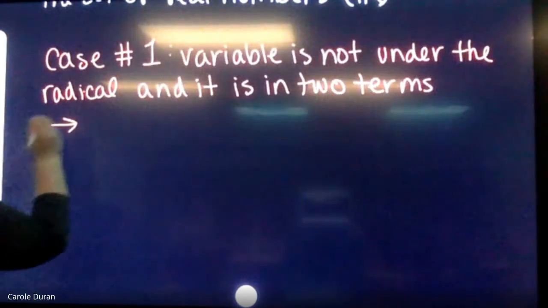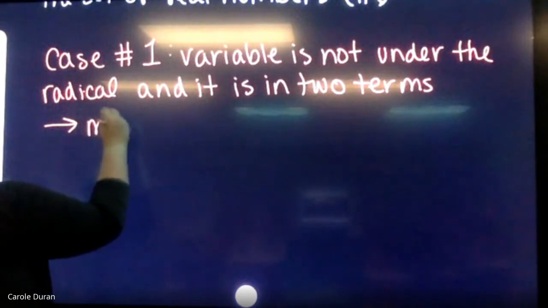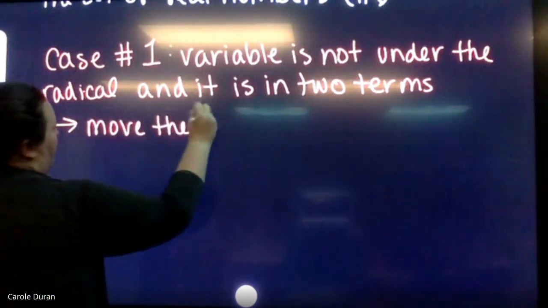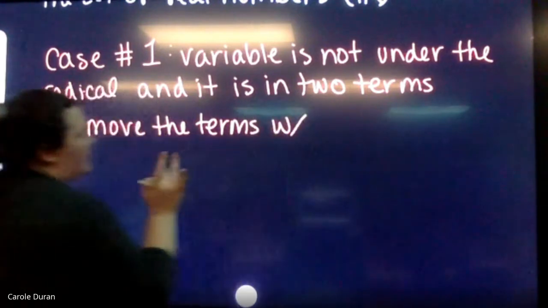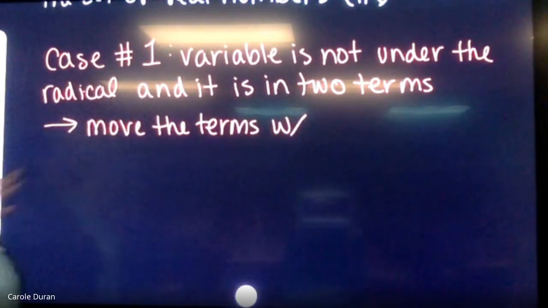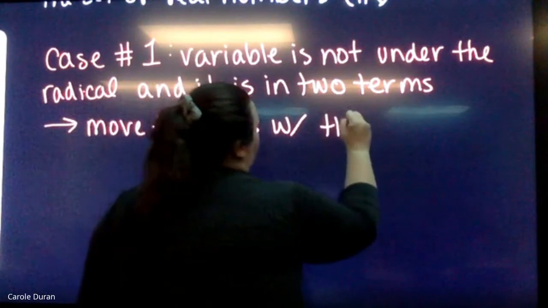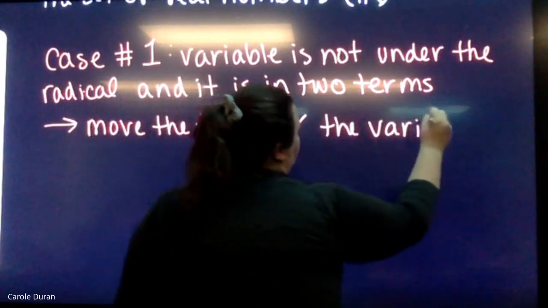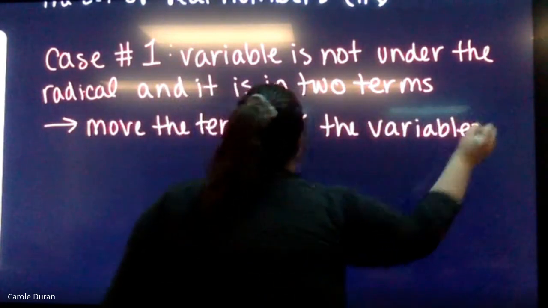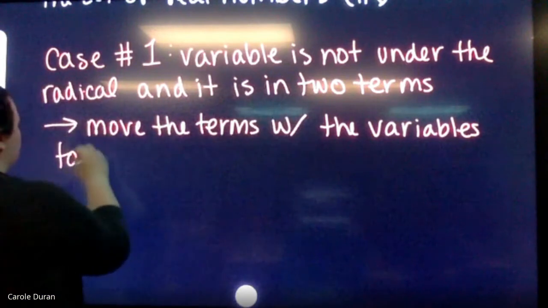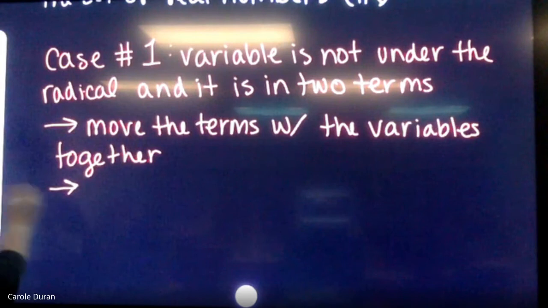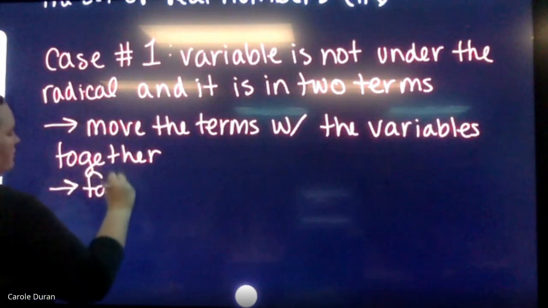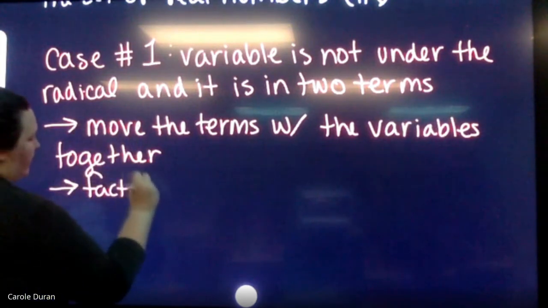The first step is to move the terms with the variables together. I'm going to use W with the dash for width because I get tired of writing it. Step 2 is to factor the x out, or the variable, whatever it is.